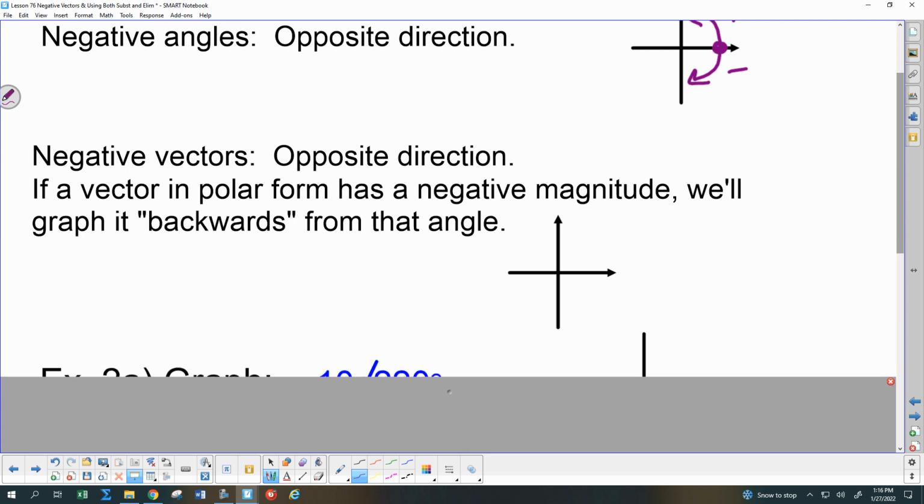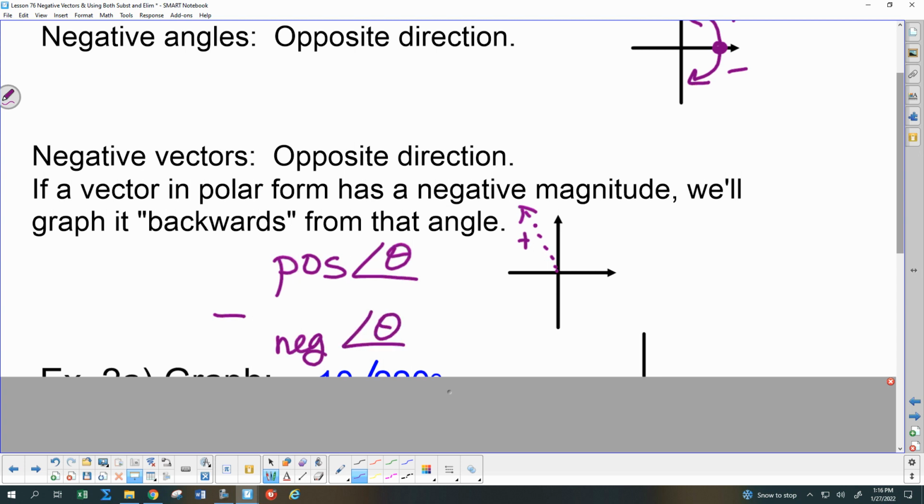So if I have some vector, if I had a positive at some angle, I don't know where I'd end up. Let's suppose that was right here. That was the one with a positive number out in front. Now I'm going to have a negative vector, so I'm going to put a minus out in front. So this is now a negative number out here at some angle.